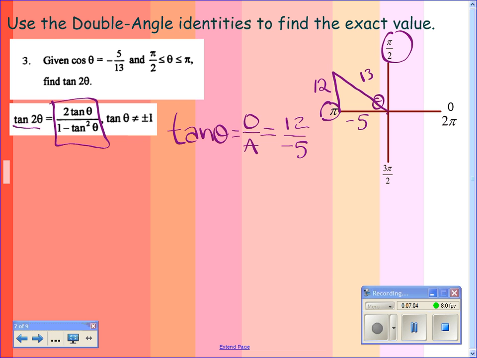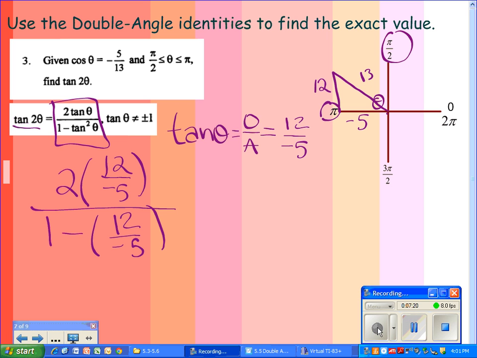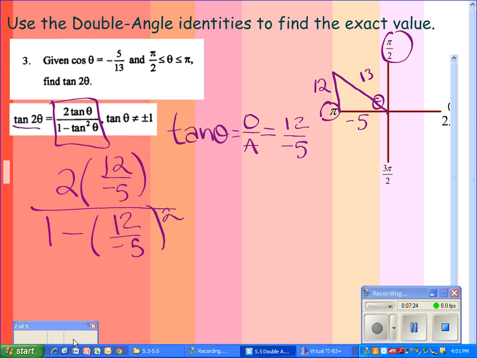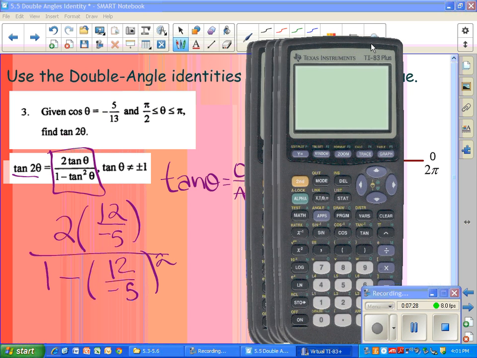All right, now let's plug in. We have 2 times 12 over -5, over 1 minus 12 over -5. And don't forget to square this. All right, we're going to need a calculator for this because this gets a little messy.